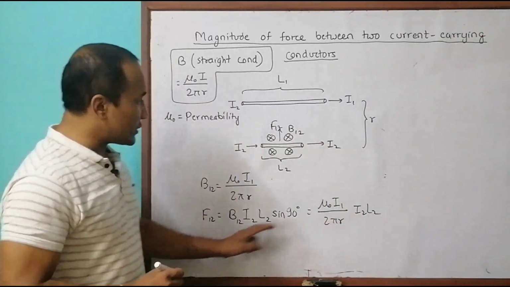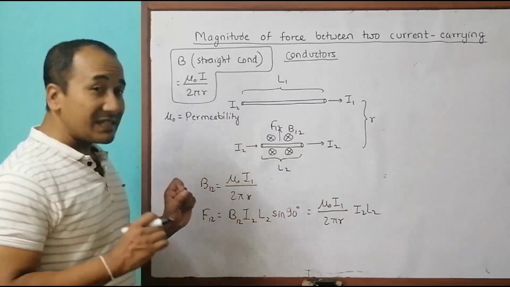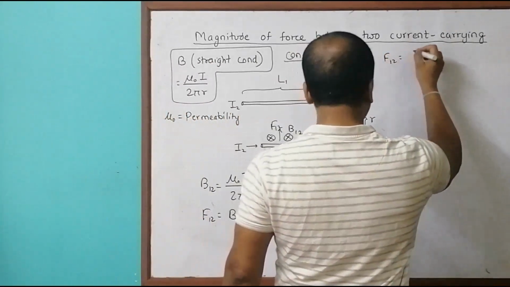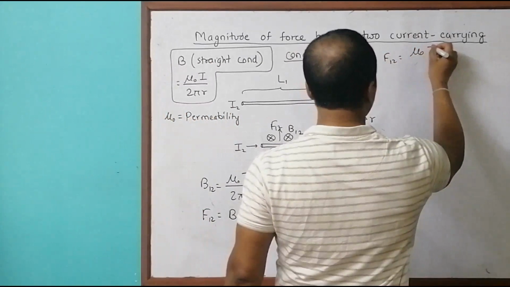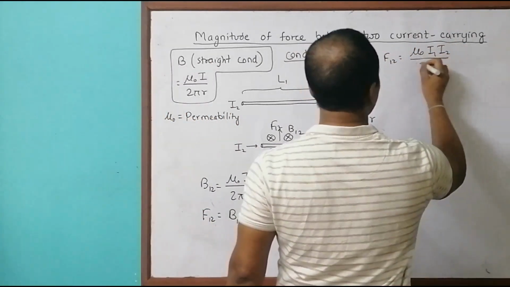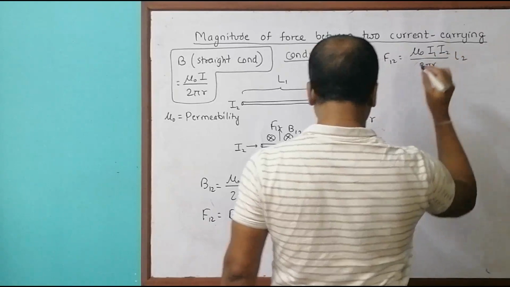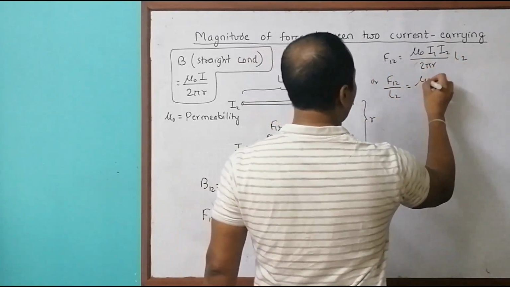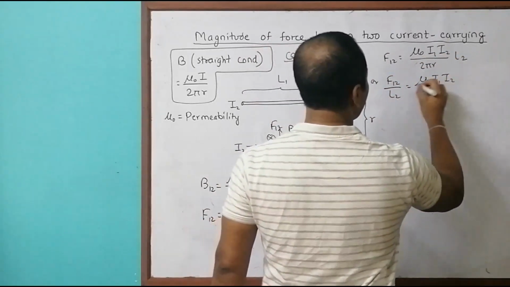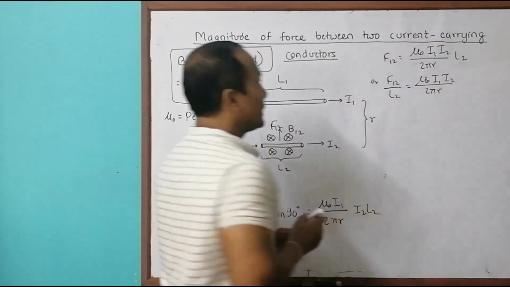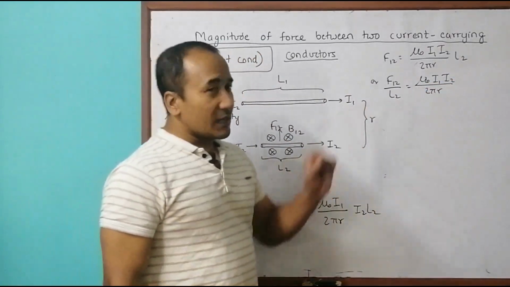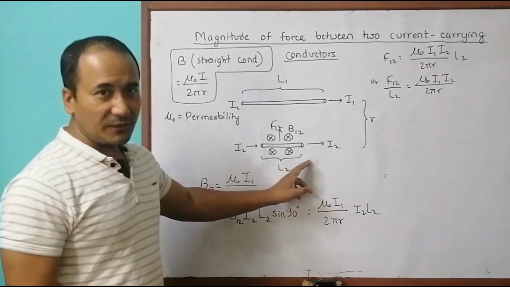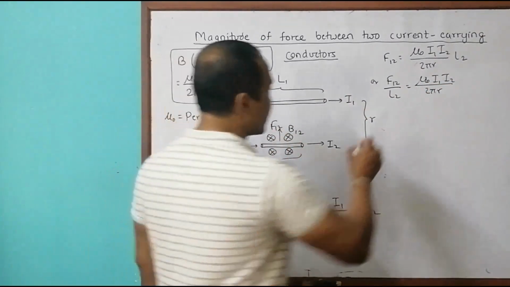So F12 is equal to mu naught I1 I2 by 2 pi r, times L2. This gives F12 by L2 equal to mu naught I1 I2 by 2 pi r. The quantity on the left is called the force per unit length experienced by the second conductor. We have to keep this in mind.